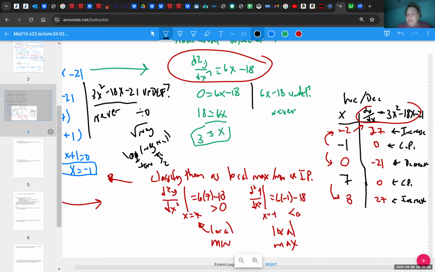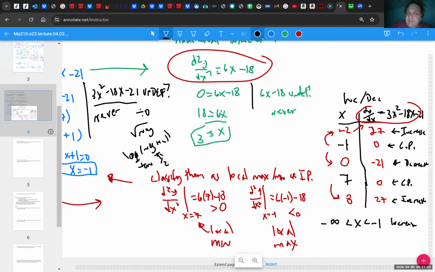So we have intervals. We have the interval from negative infinity all the way up to -1. That is increasing, right? That's the interval all the way up to -1. Let me make sure that looks like a -1, kind of looks like a 4. Okay, -1. So that's an increasing section.